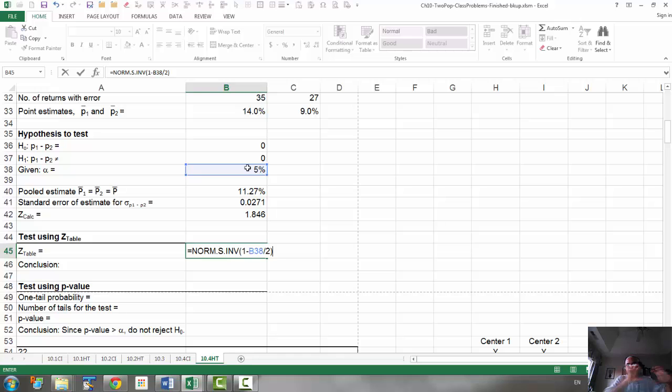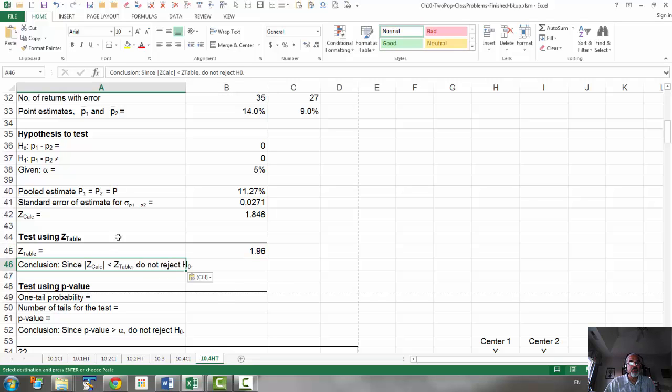So that's the cumulative probability. So you take alpha over 2 to the tail and then do 1 minus that will give you the cumulative probability. So that gives us the z-table value, and since calculated z value is less than z-table value, we cannot reject the null hypothesis.